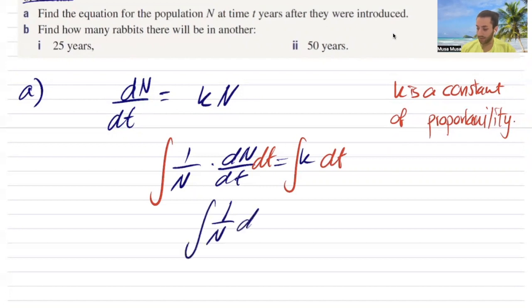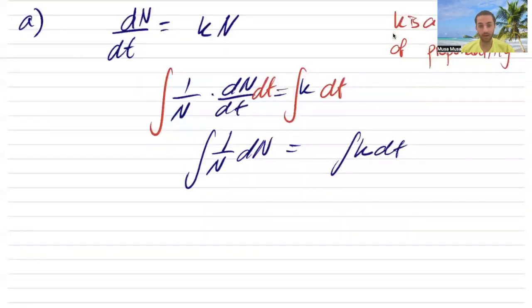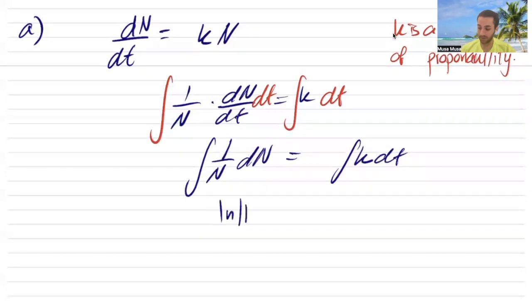And this becomes dn equals, and then the integral of k dt. k is a constant, so that's fine. The integral of 1 on n dn is ln of the absolute of n, and this is kt plus c.